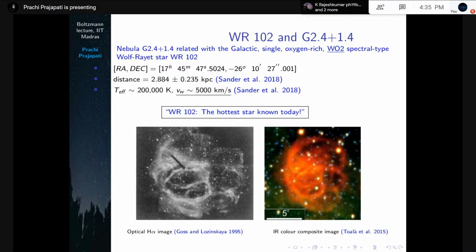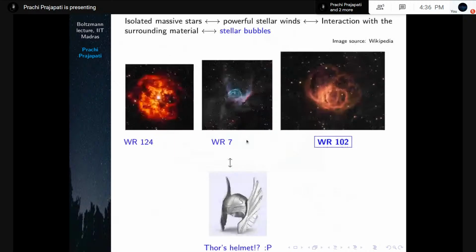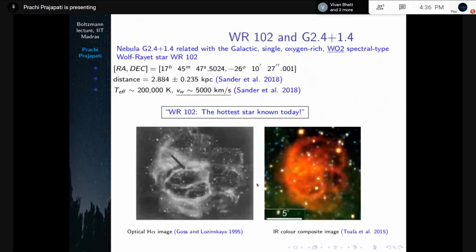The image of this bubble is the same bubble which I have shown here, with the orientation changed a little bit. This is an optical image of this bubble, and this is an infrared image.